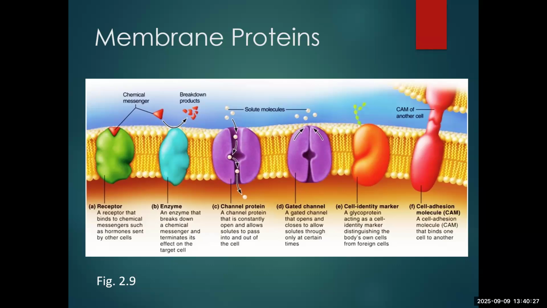Let me give you an example. You have heard of adrenaline. Have you heard of adrenaline? Another name for adrenaline, the more technical name, is epinephrine. Epinephrine is a hormone that is produced in the adrenal glands.